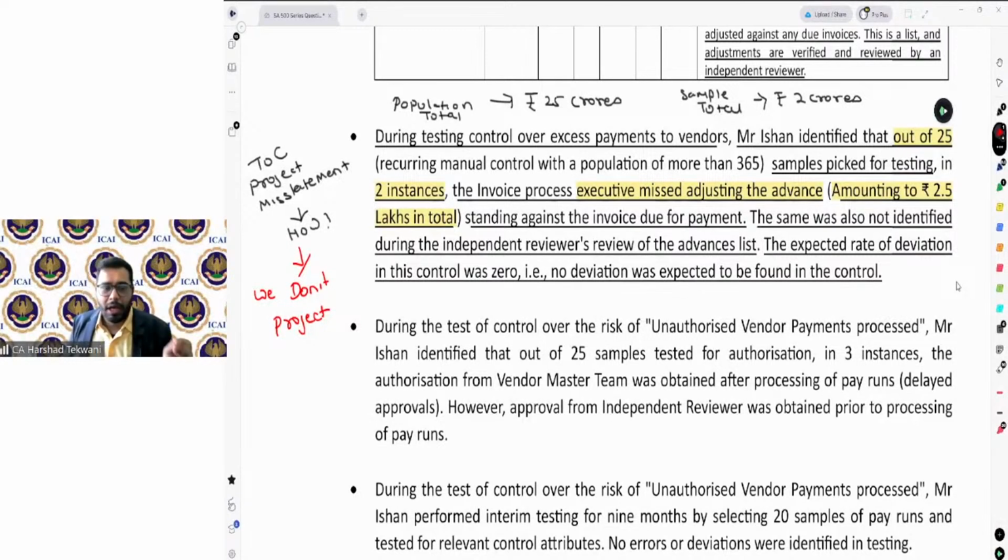Now, what is the reason? The reason is that the expected rate of deviation that I am setting up here is the rate over the population itself. Understand the concept. This expected rate of deviation is on the population itself.